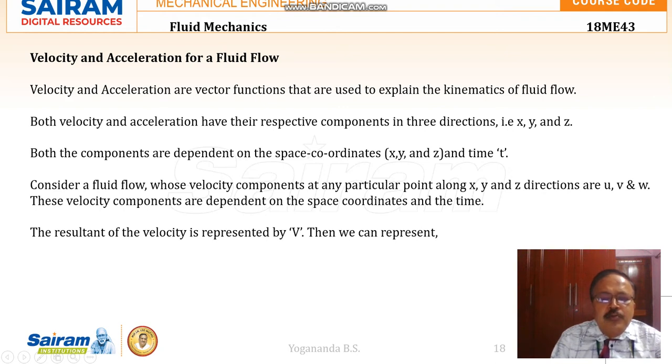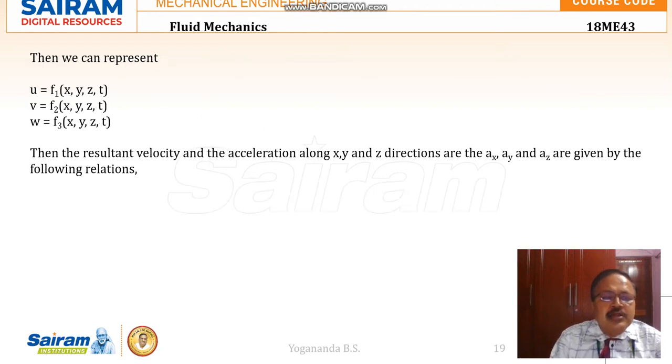The velocity components in the three different directions x, y and z will be considered as u, v and w respectively, and the resultant velocity will be taken as capital V. Then we can represent the velocity components in x, y and z directions as follows: u is a function of x, y, z and t, all three space coordinates and the time interval t.